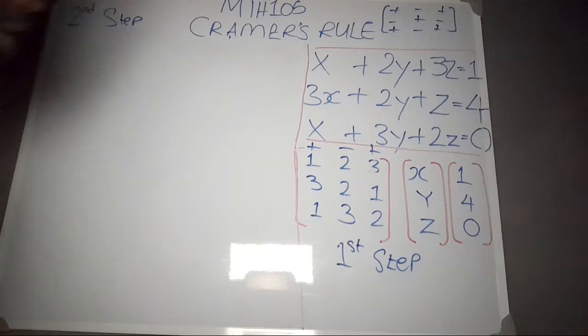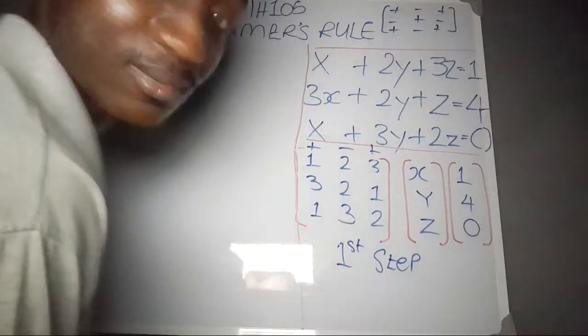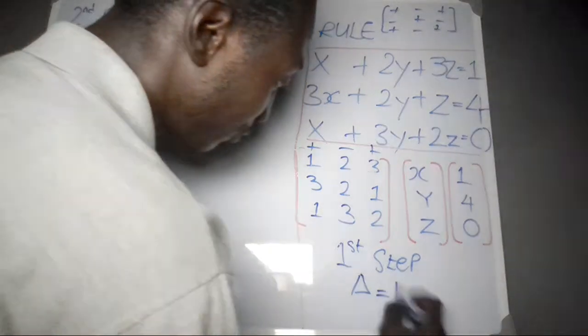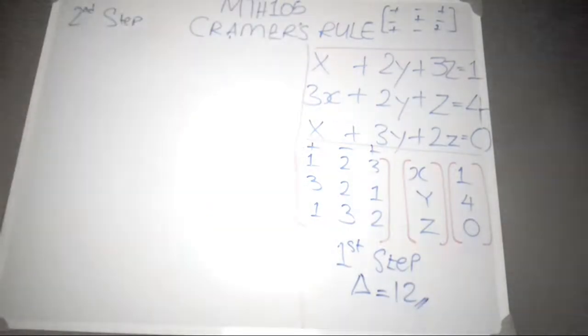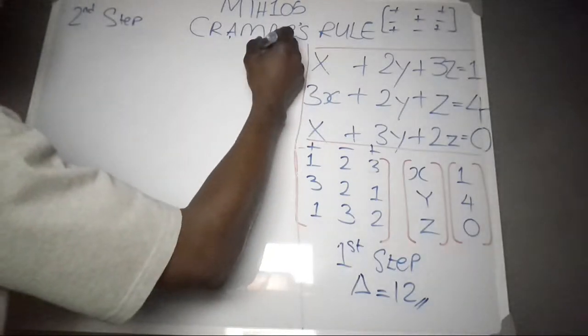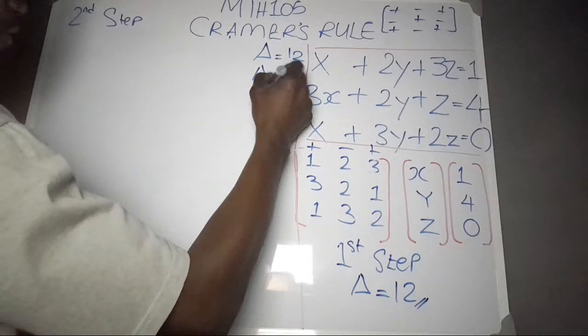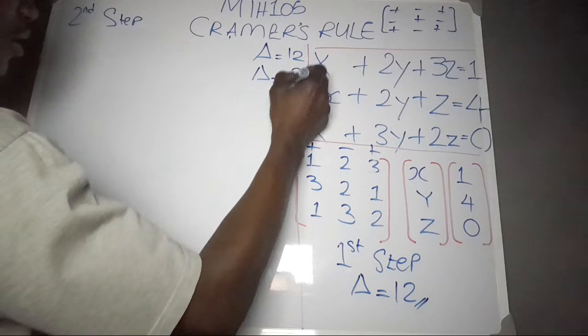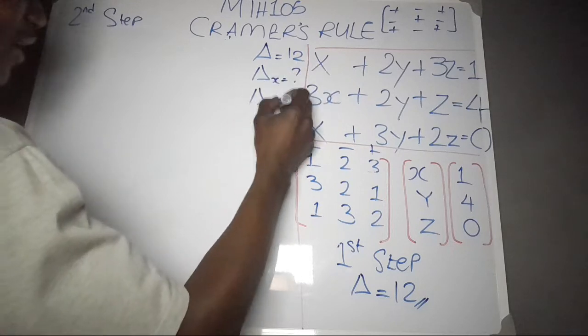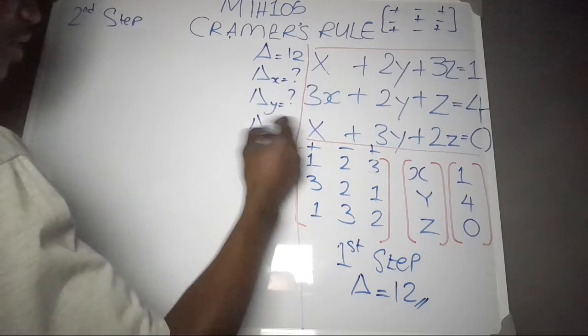So we have our determinant as 12. So then we can solve. Let me just write that here. Our determinant is 12. Then we have to solve the determinant of x, the determinant of y, and the determinant of z.